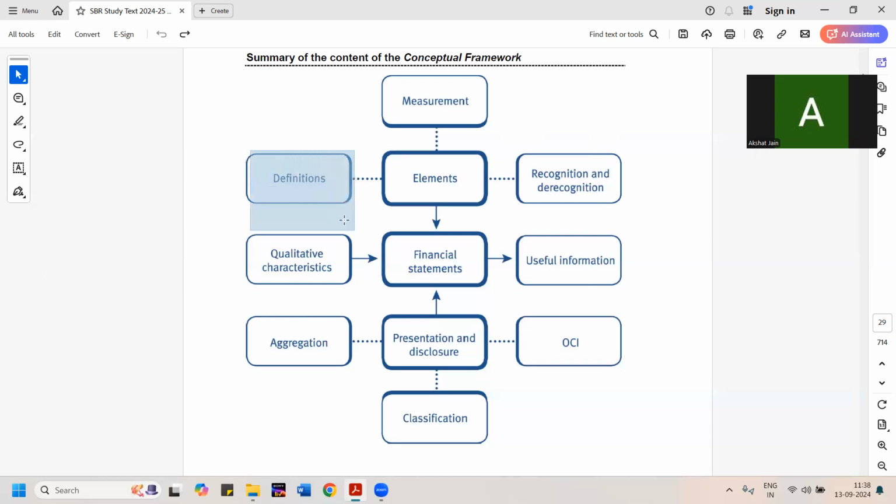Everything is laid down in the definitions, and the conceptual framework provides a basis for that or includes these definitions per se.